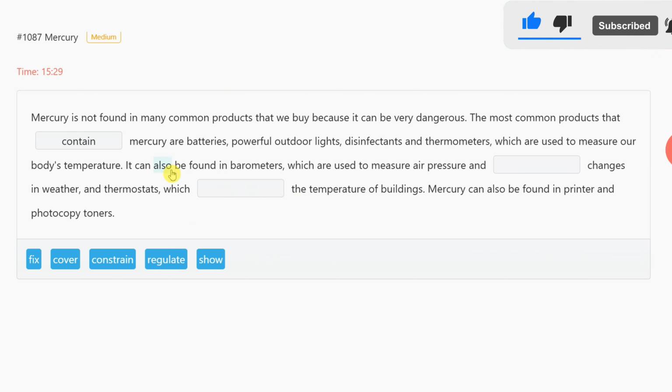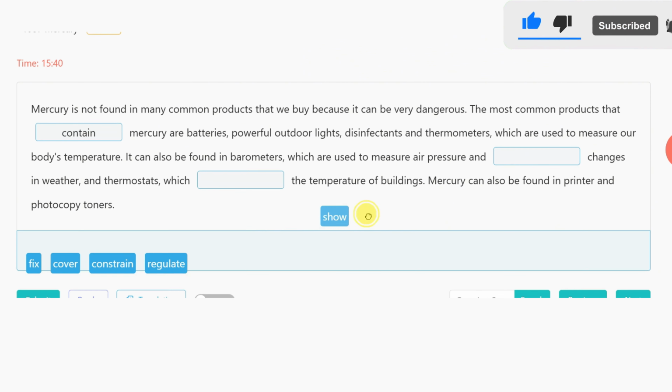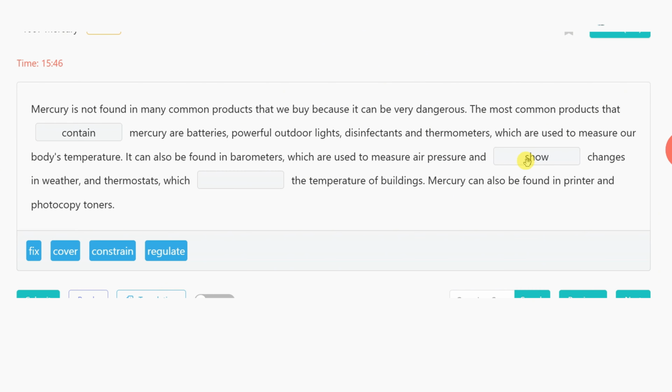Next one is: it can also be found in barometers, which are used to measure air pressure and dash changes in weather. So the correct option here is show, because show means to display or reveal information, right? Grammatically, show is a verb correctly describing how barometers indicate weather changes.